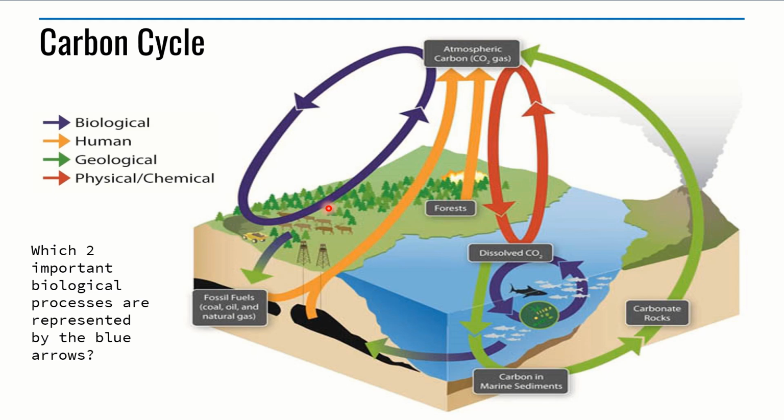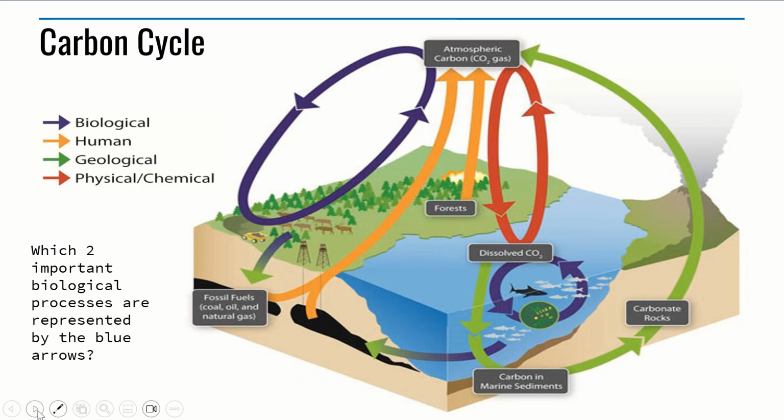Again, the relationship between the energy flow and the nutrient cycling. Those organisms will break down those materials, those sugars and everything else, and release the CO2 back to the atmosphere. So we have the biological cycles as well.